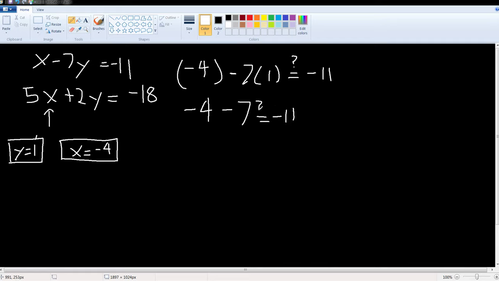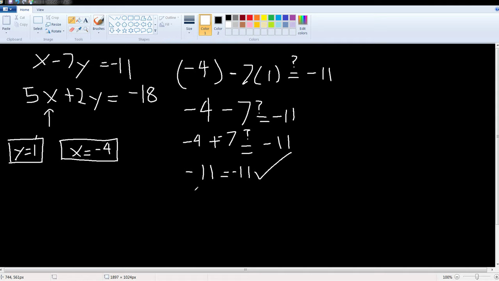Is this still equal to -11? Well, when we have a negative number subtracting a positive, that's the same thing as -4 plus -7, right? And we can see that -4 plus -7 is -11. It's equal to -11. There we go. That means the first equation is fine with these values.